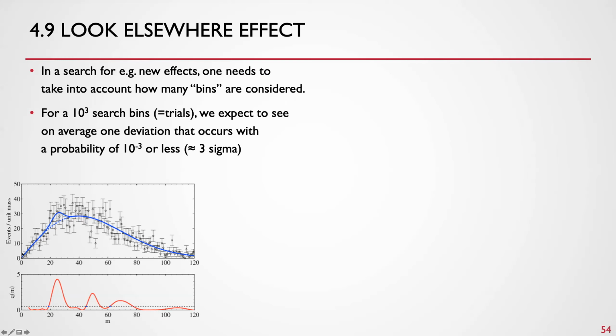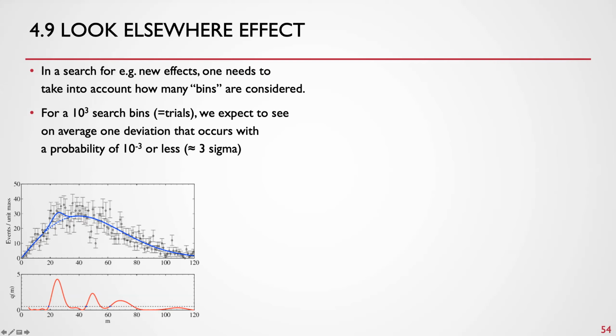Look at the distribution below. I do not tell you what it is, except it is a mass, the invariant mass of a system of particles. And this is very finely binned, so you get plenty of measurements with large uncertainties.